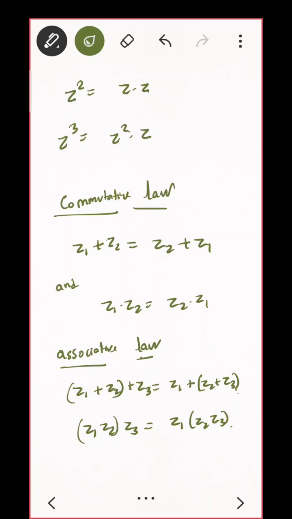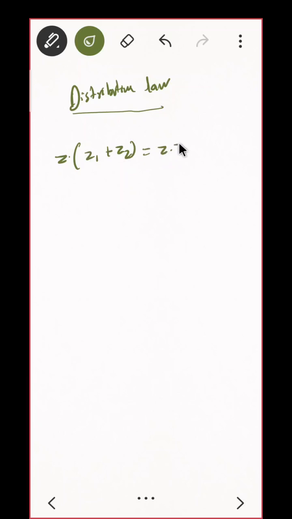Next, one more thing is distributive. What is distributive law? That is, if you see z into (z1 plus z2), that is same as z into z1 plus z into z2. Correct? This is your distributive law.